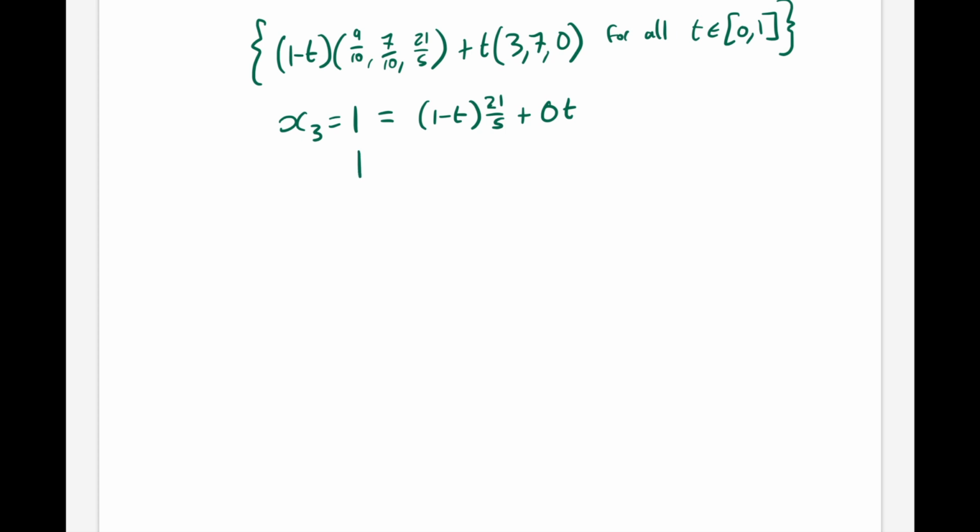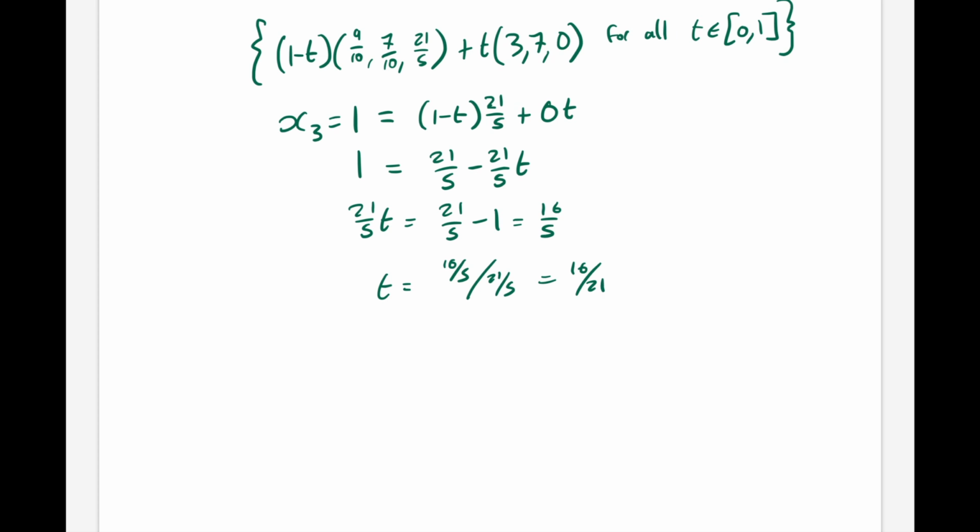So we have the equation 1 is equal to 21 over 5 minus 21 over 5 t. We can solve this and get 21 over 5 t is equal to 21 over 5 minus 1, which is equal to 16 over 5. So then we have t is equal to 16 over 5 divided by 21 over 5, which is 16 over 21. We double check, our t has to lie between 0 and 1, and it does.